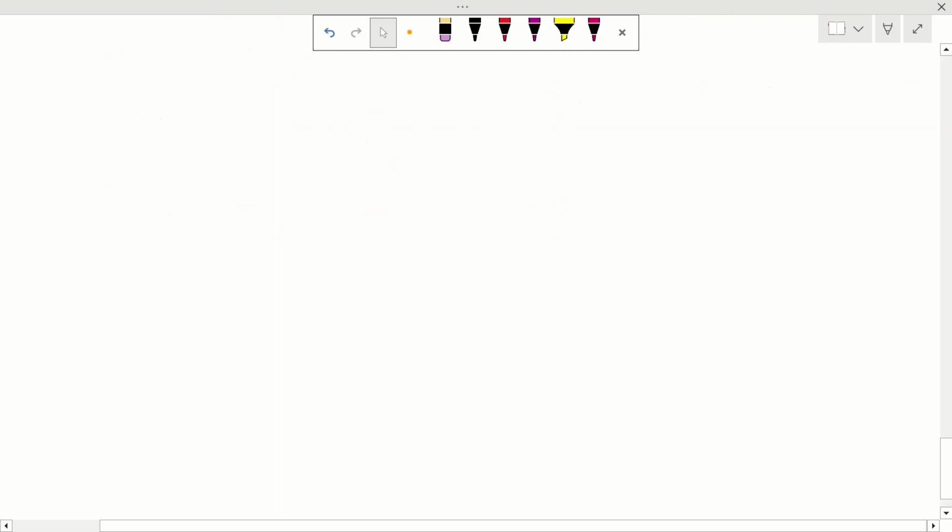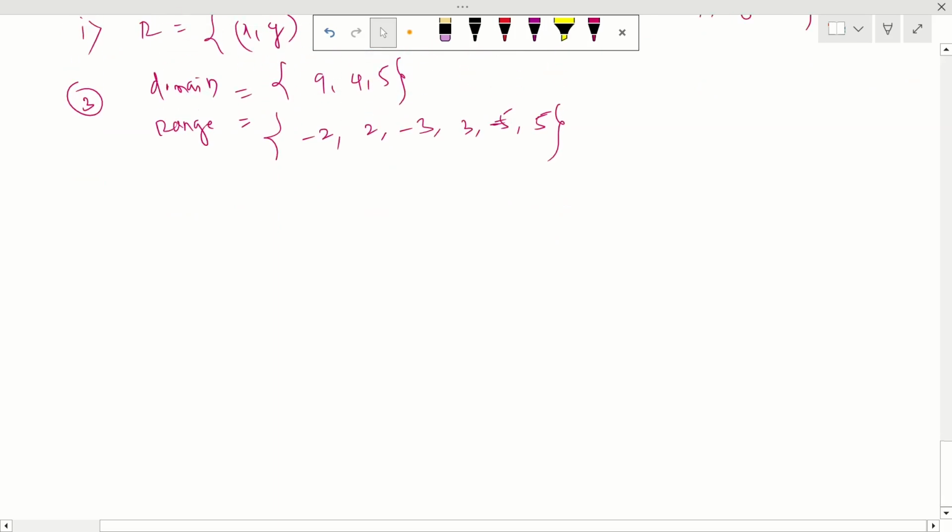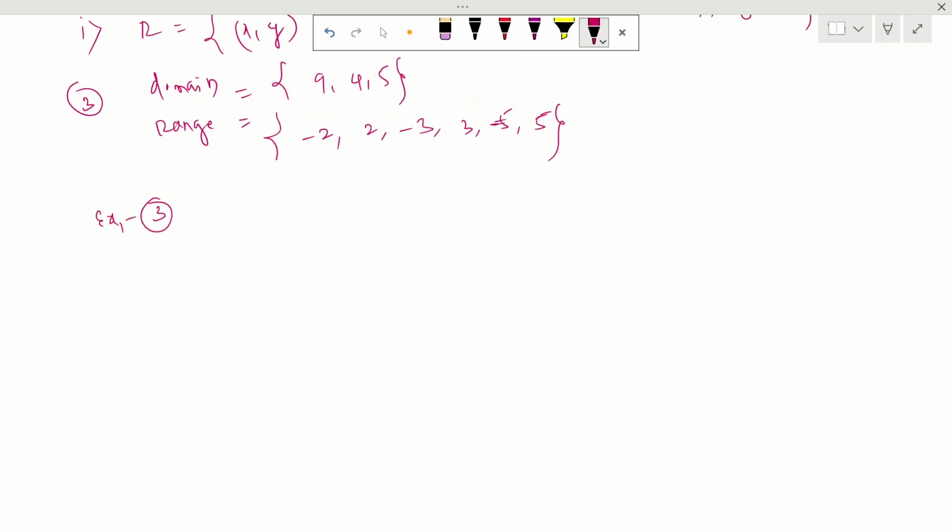Now I will give one more example. Example number three. Sometimes two sets A and B will be given, and we need to find the number of relations. There is a formula to identify the number of relations, or sometimes it is called the number of subsets.